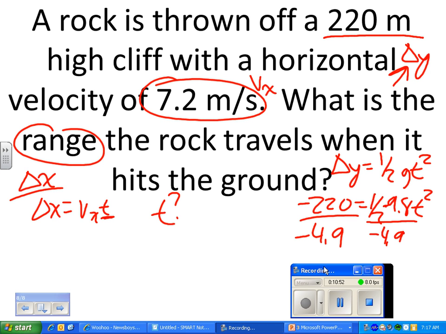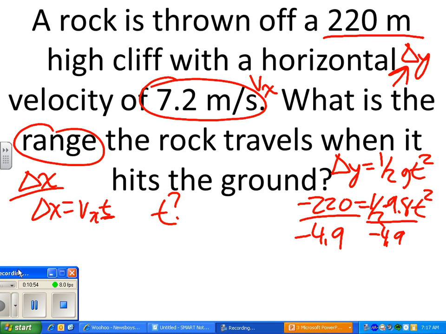Once we do that, we get 44.8 equals t squared. And once again, we cannot forget to square root that. It's the common mistake in past years. So we square root that, and we get t equals 6.7 seconds.